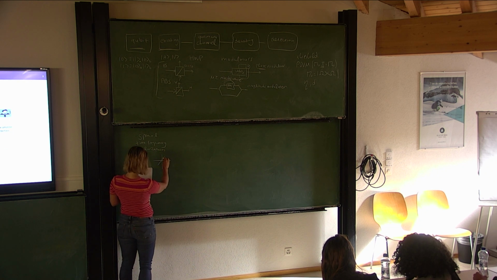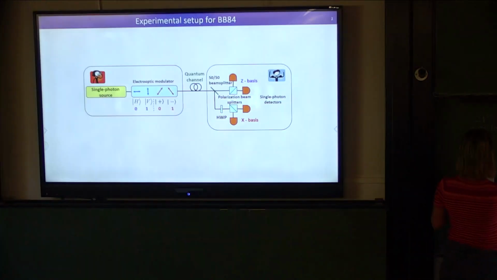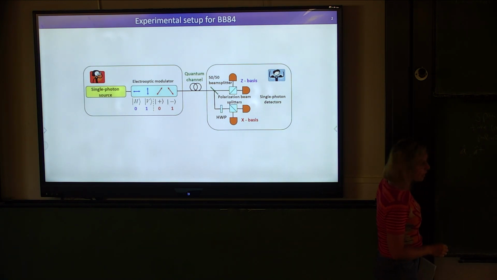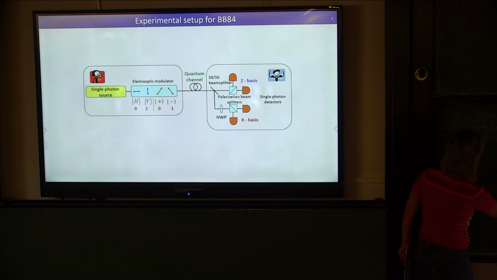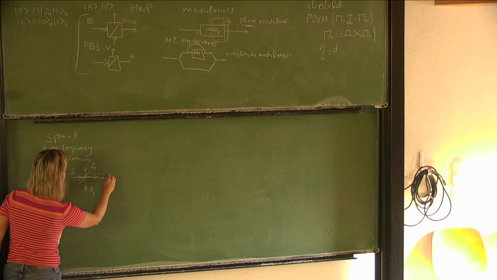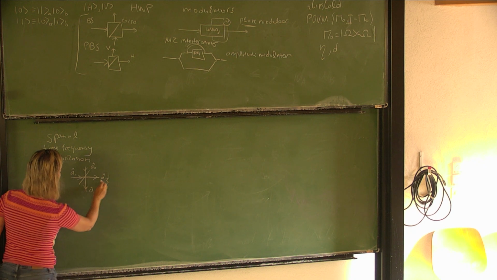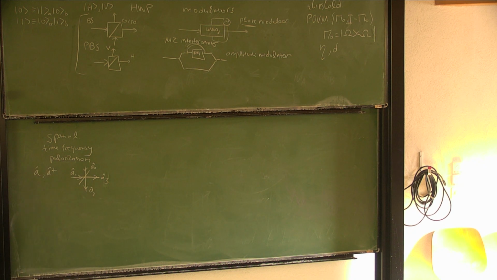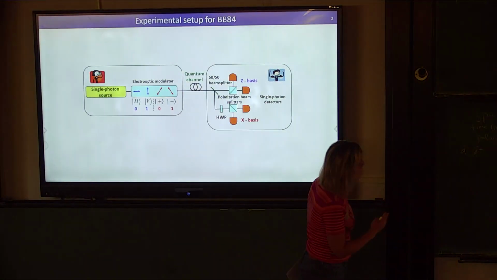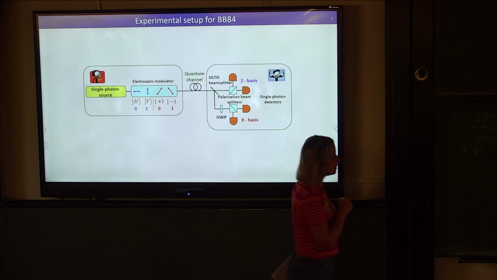two input modes. How do I put it here? Okay, so A0 is the one input mode, A1 is the other input mode. Sorry, it's a little bit small. A2 and A3 are the two output modes, and you can show that this description in this operator picture can become extremely easy.